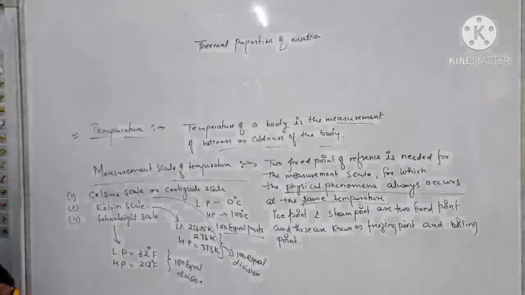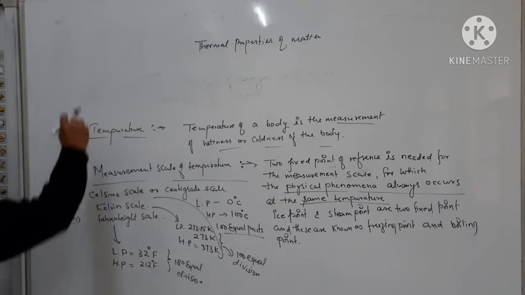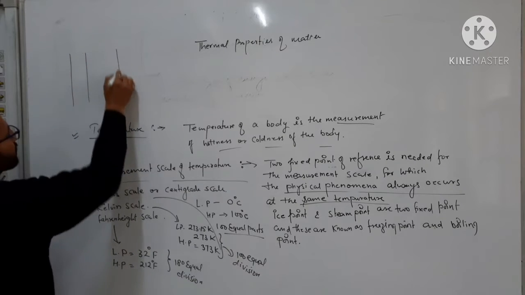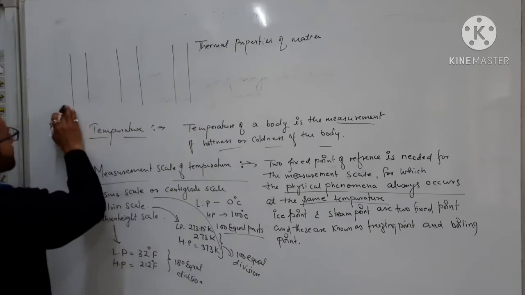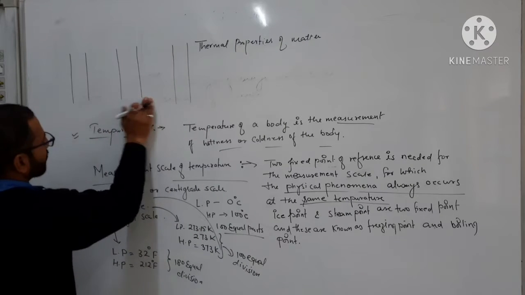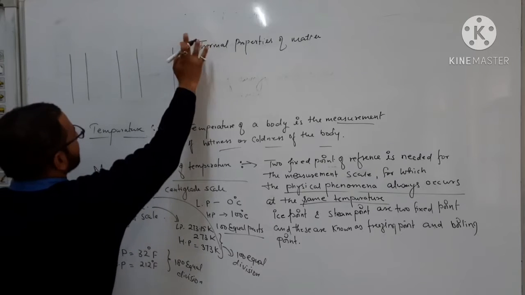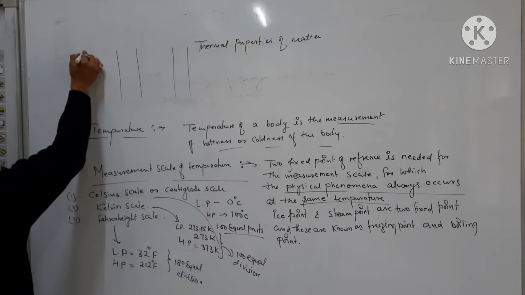After the discussion about the Celsius scale, also known as the centigrade scale, the Kelvin scale and the Fahrenheit scale, we will draw a rough diagram of these scales, in which we will show their absolute temperature and also the lowest and highest values of temperature.